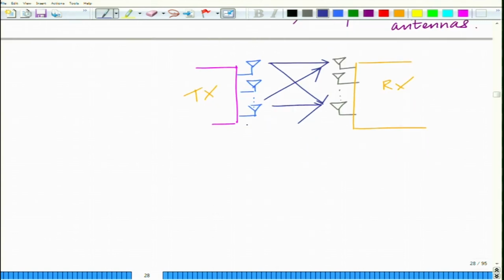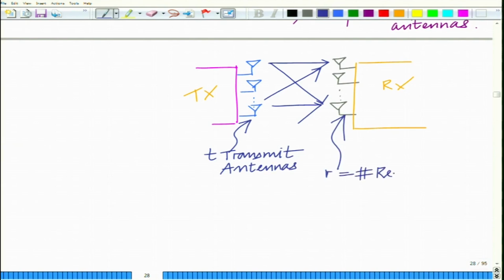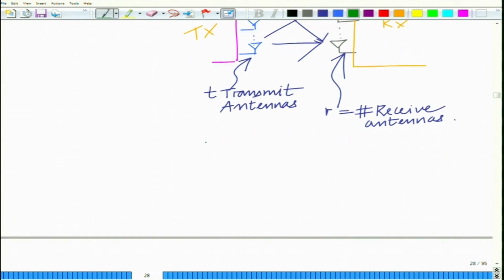So, you have, let us say, T transmit antennas at the transmitter, and R equals the number of receive antennas, and the system model can be represented as follows.